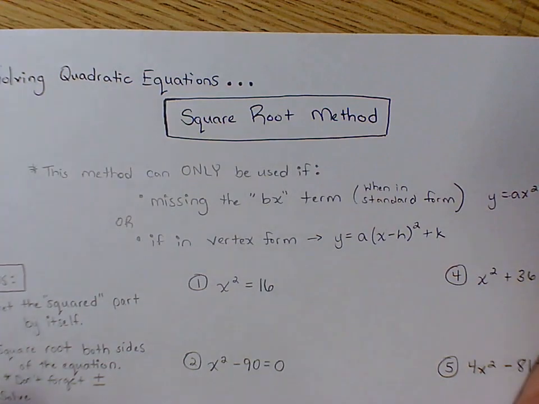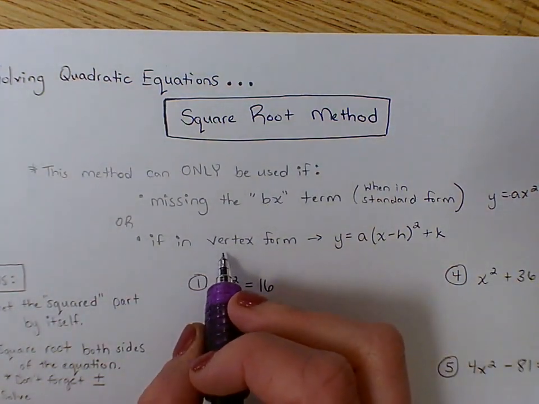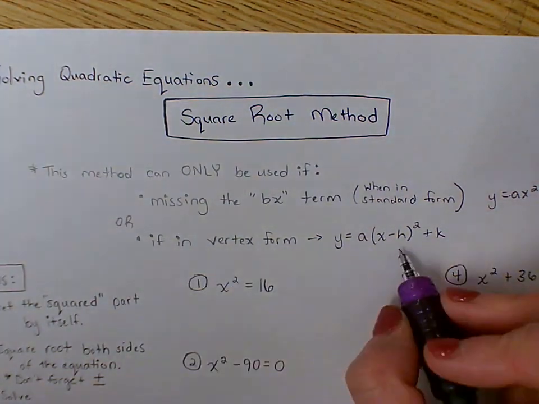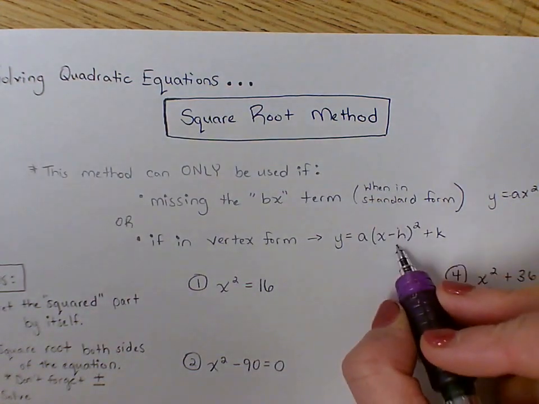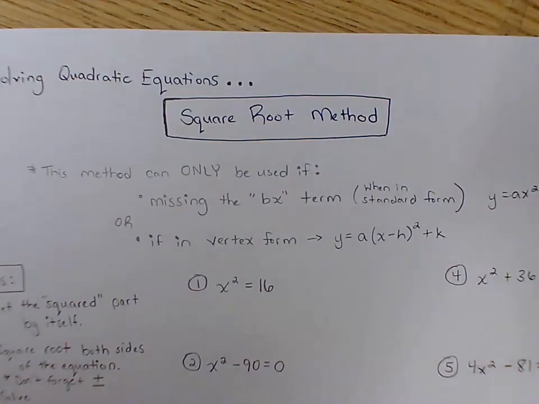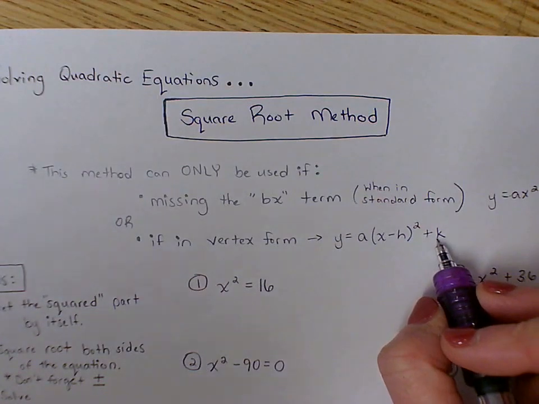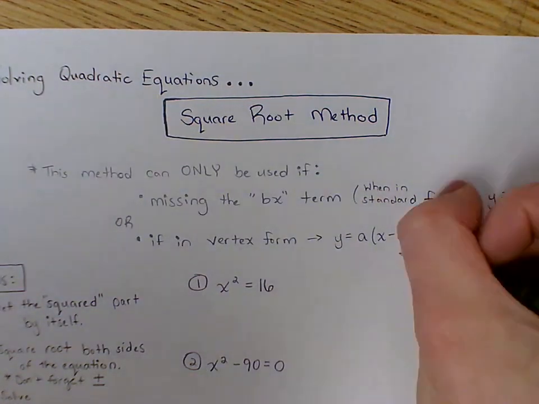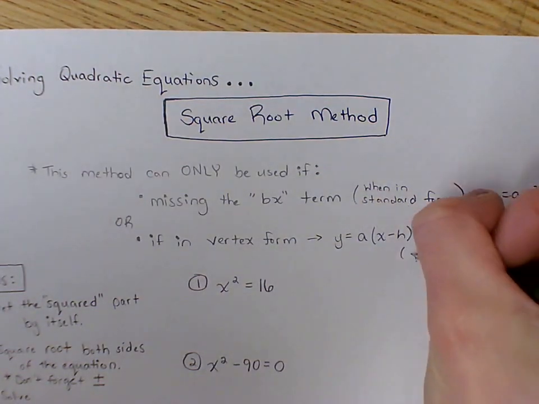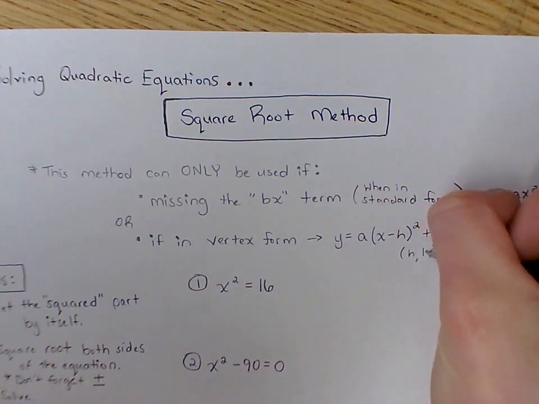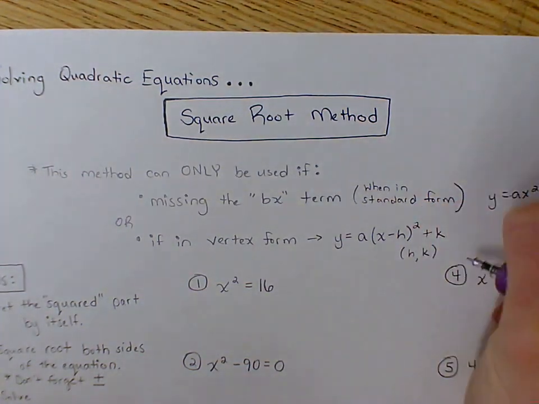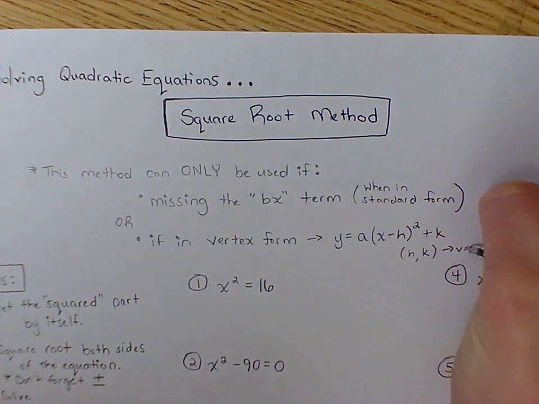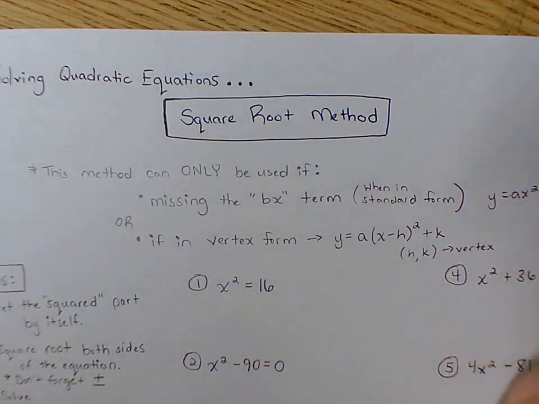And remember, the reason this is called vertex form is because if you take this number and change the sign of it, and then put it in a coordinate with the number you just copy down, that is your vertex. So that's the reason why it's called vertex form, okay?